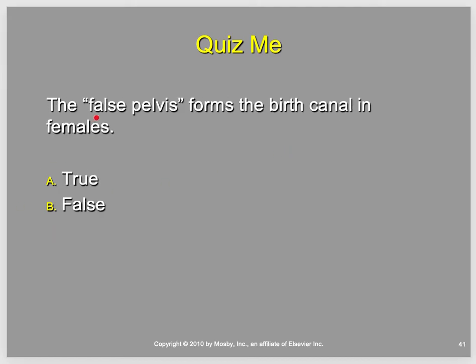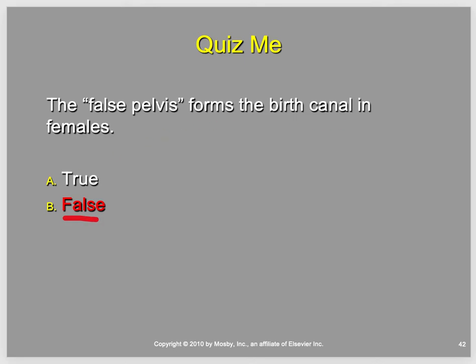So the false pelvis and the true pelvis: we know which one's which. Which forms the birth canal? Is it the false pelvis, or is it the true pelvis? The false pelvis is false. It does not form the birth canal.